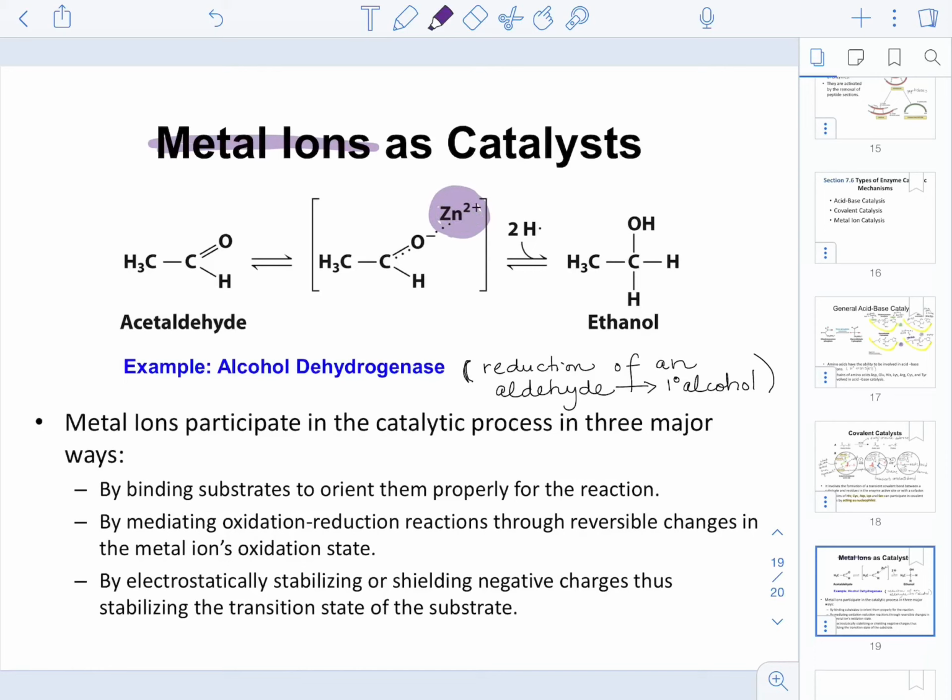When we look at what zinc is doing in this process, it is stabilizing the negative charge in the transition state for the molecule that is produced during this catalytic event.